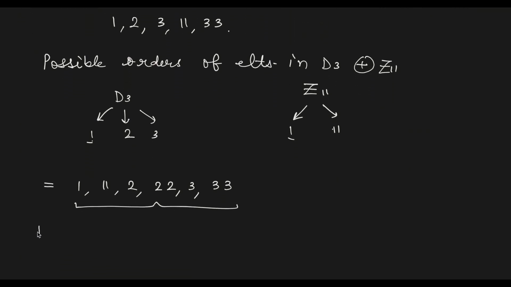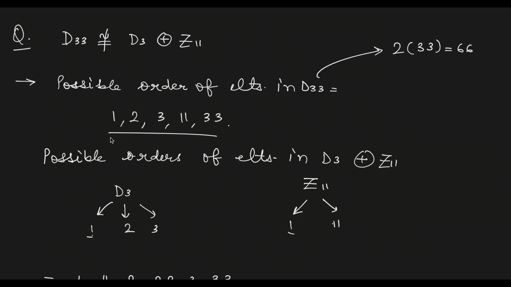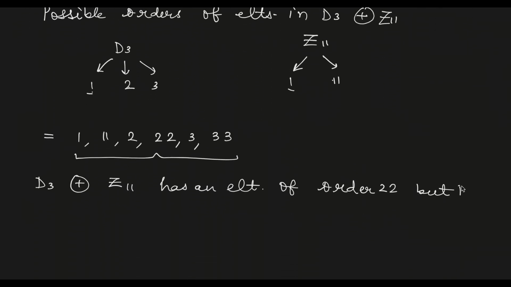So D3 direct sum with Z11 has an element of order 22, but D33 does not have an element of order 22. So they are not isomorphic. Is this clear? Yes, ma'am.